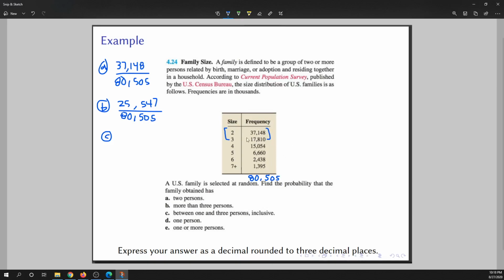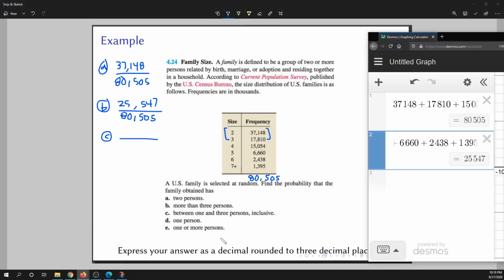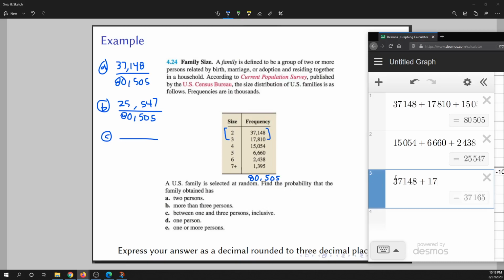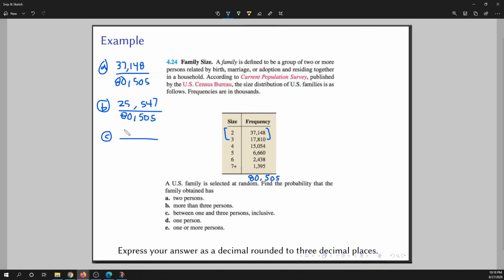So we would have to add these two numbers up. 37,148 plus 17,810, so we get 54,958 over 80,505.